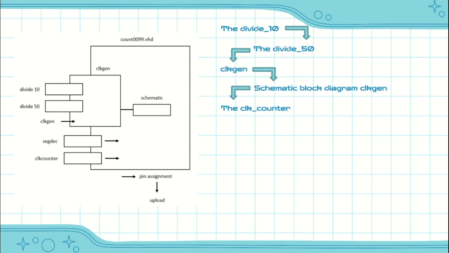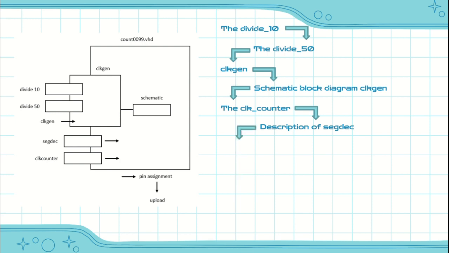Next is to design the clock counter from the VHDL description that is given in the manual. For the next part, we design the SecDec, which is the 7-segment VHDL description, also given in the lab sheet.